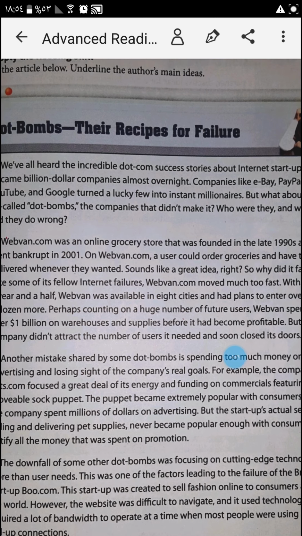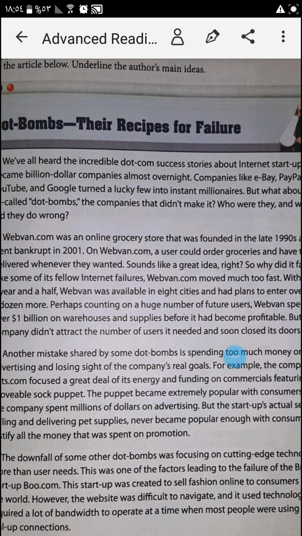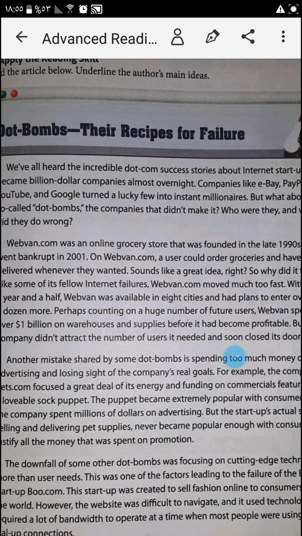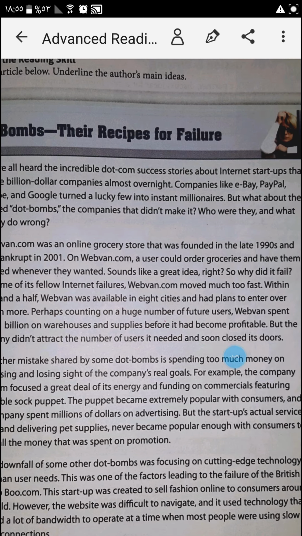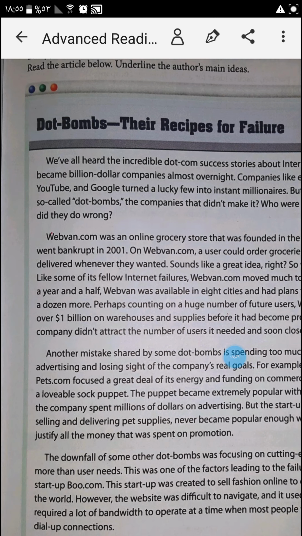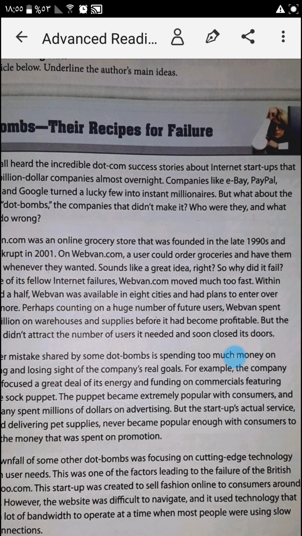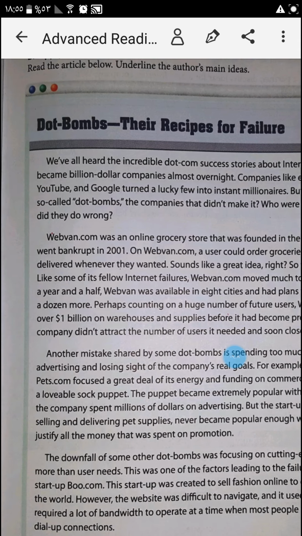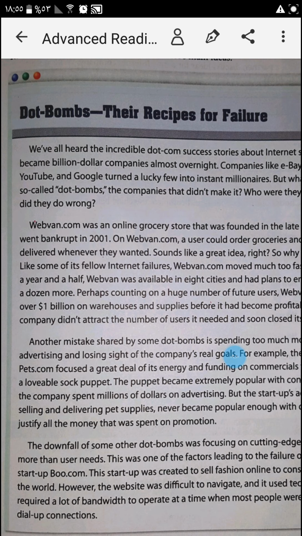Okay, we have all heard the incredible dot-com success stories about internet startups that became billion-dollar companies almost overnight. Companies like eBay, PayPal, YouTube, and Google turned a lucky few into instant millionaires. But what about the so-called dot-bombs?